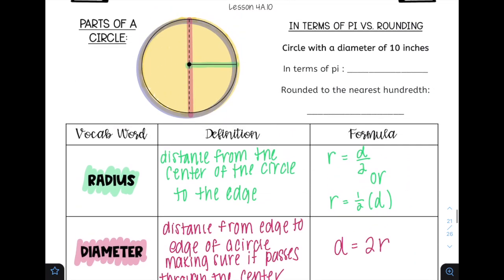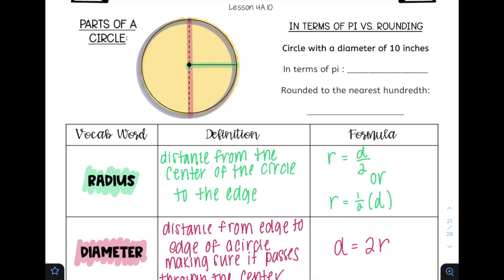Now, we're going to be talking about in terms of pi versus rounding. These are the different ways that you can represent your answer. You're going to be asked to either represent it in terms of pi, or you'll be asked to round to the nearest place value. And in this case, it's asking you to round to the nearest hundredths place.